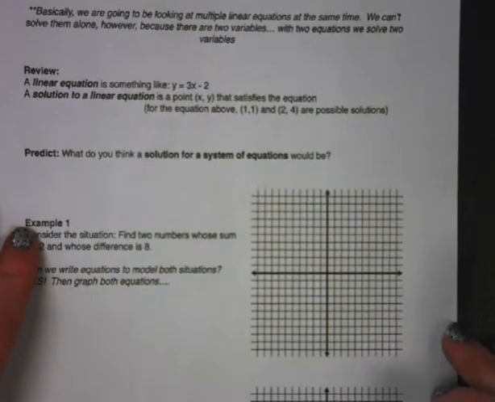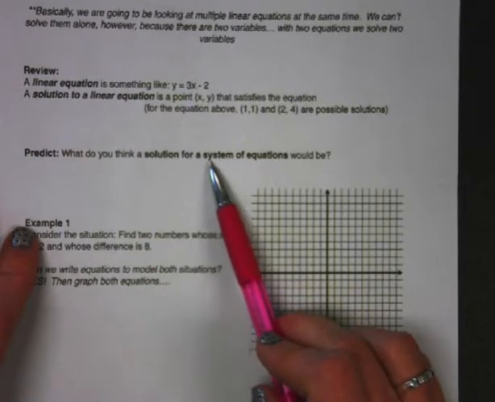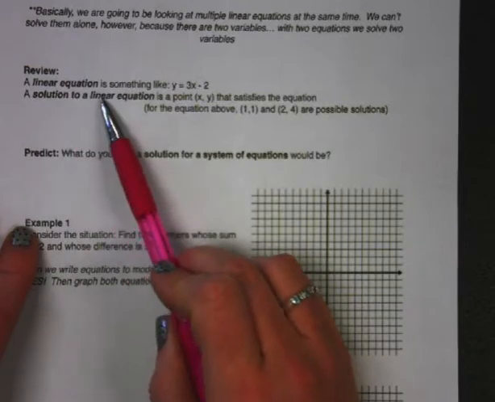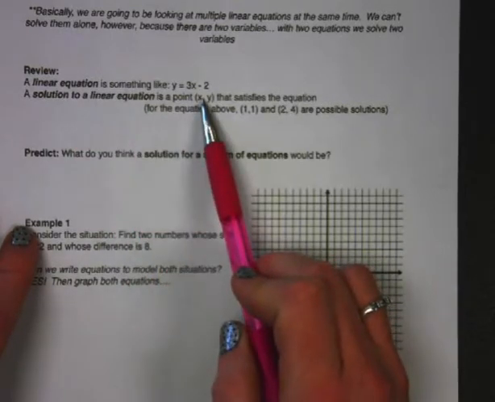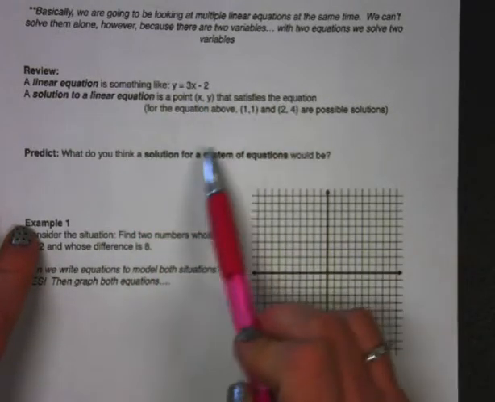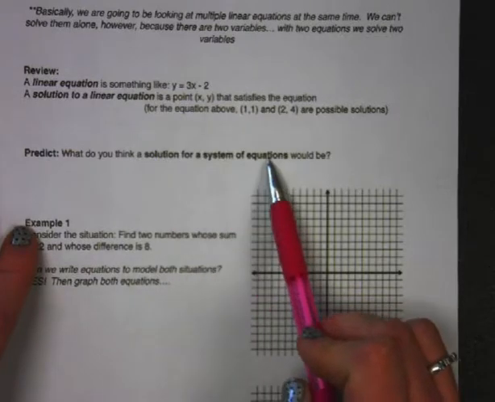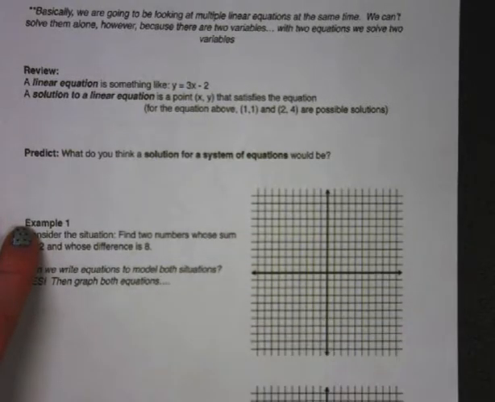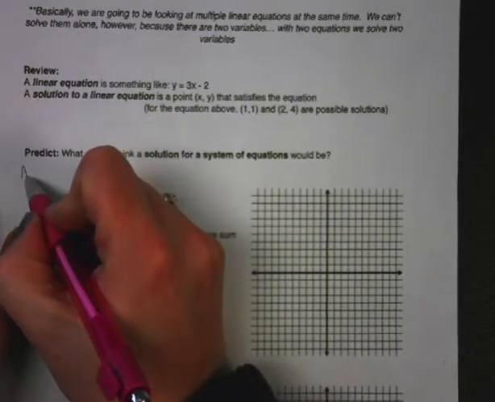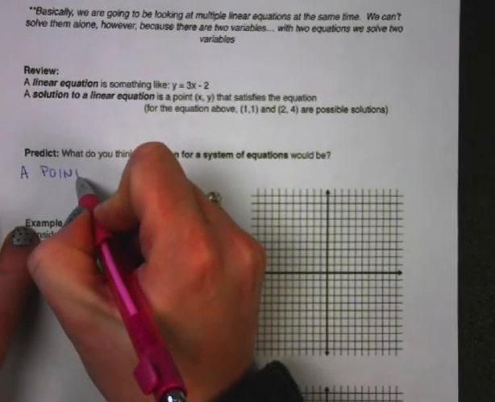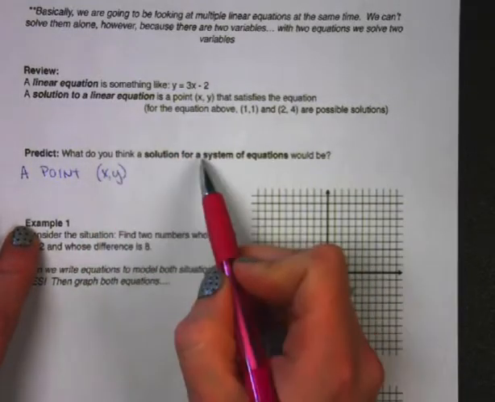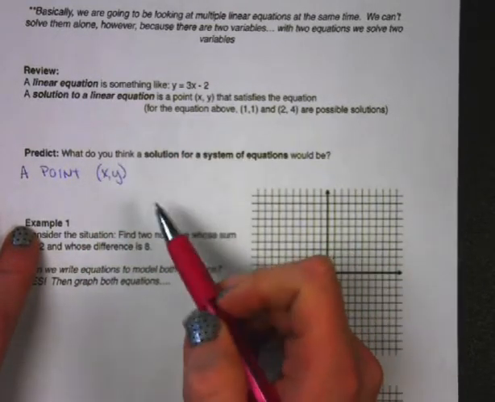So, I'm going to predict, what do you think a solution for a system of equations would look like? A solution to one linear equation is a point satisfying the equation. We're looking for a solution for multiple equations. Hopefully you're starting to think that it would be a point (x, y) that satisfies all of the equations in the system.